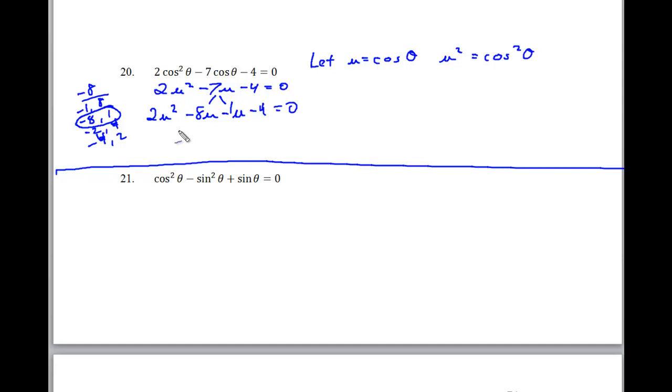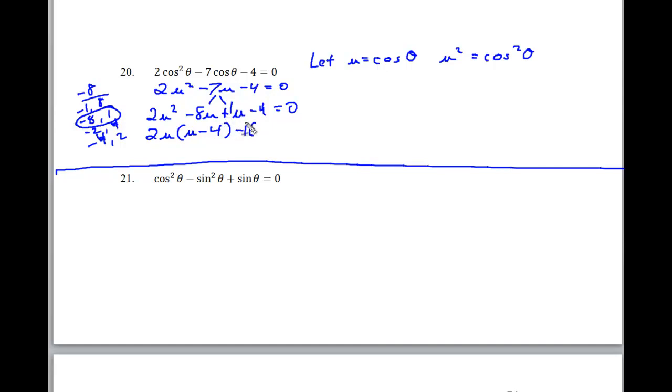So now I'm going to complete my factoring. I'm going to take my first 2 terms and factor out a 2u. If I factor out a 2u, I get u minus 4. Now over here, I'm going to factor out a negative 1 for my second 2 terms, which is going to give me, let's see here. Oh, shoot, that should be a plus 1. That's where I made my mistake.